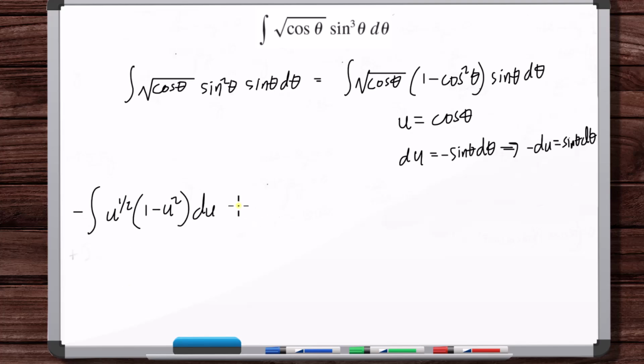And so we can solve this, right? This is u to the 1/2 minus 2 plus 1/2 is, so 1 over 2 plus 4 over 2 is 5 over 2.